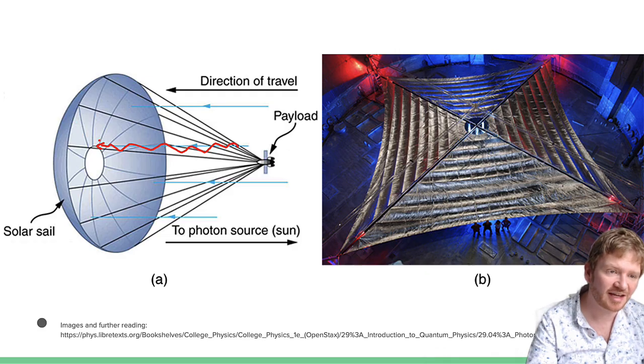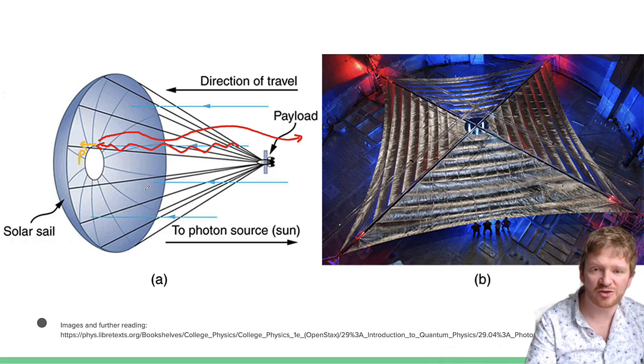And as they're scattered backwards, they'll be scattered backwards with a slightly longer wavelength, because they'll have imparted some energy to this sail, which means it's going to be increasing the momentum of this sail. There's some pretty cool and interesting work that shows that if you have a spacecraft that you want to travel for tens to hundreds of years, you can actually get to far greater velocities using a solar sail than conventional rocket engines.